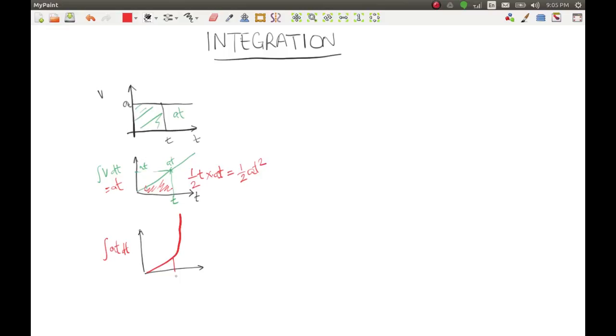At time, for example, t equal to 2, I would have had half At square, which is half into 2 square, which is 2A. But at a point, let's say 4, this is not going to be 4A, this is going to be half into 4 square, which is 16, half of 16 is 8. So 8 times A.